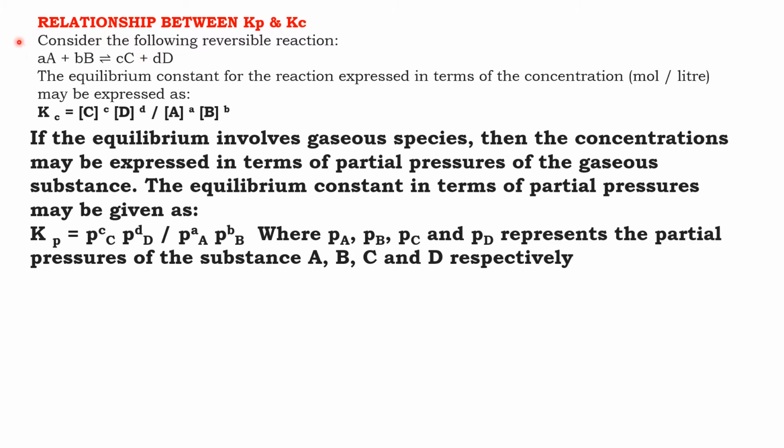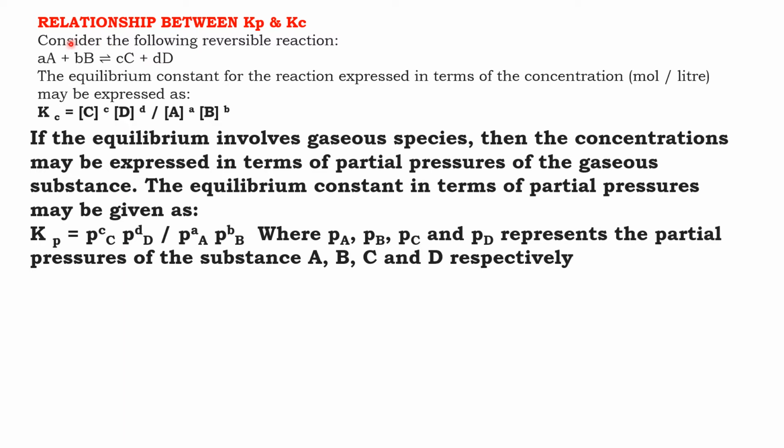So we consider a reaction a A reacts with b B reversibly to give c C and d D. For this reaction, we could express Kc as the product of the molar concentrations of the products raised to their powers divided by the product of the molar concentrations of the reactants raised to their powers. So we could write Kc is equal to [C] raised to c into [D] raised to d divided by [A] raised to a into [B] raised to b.